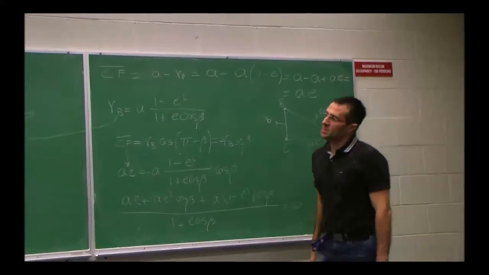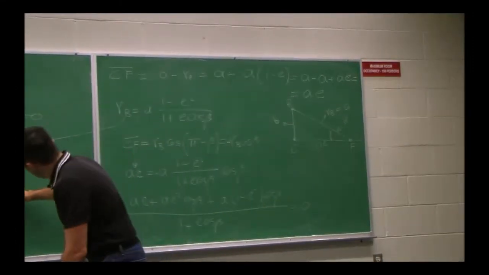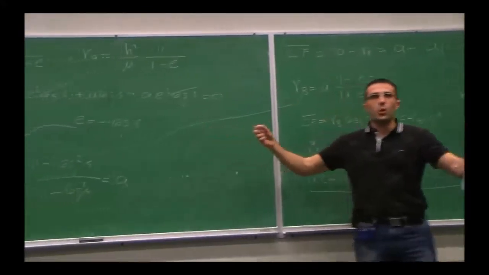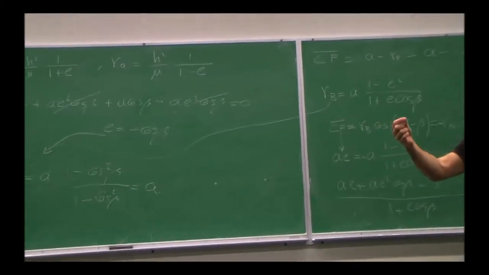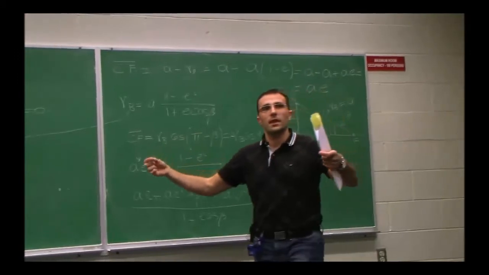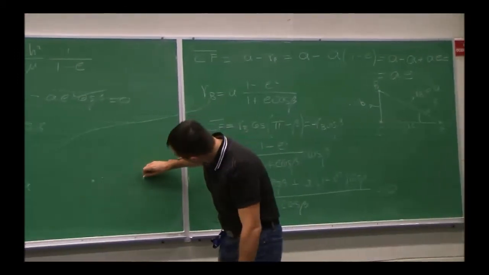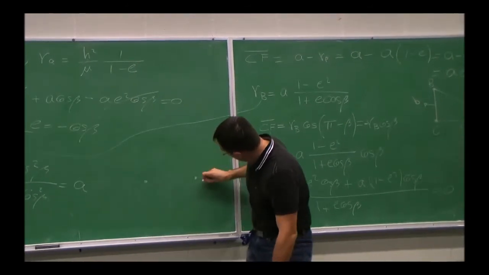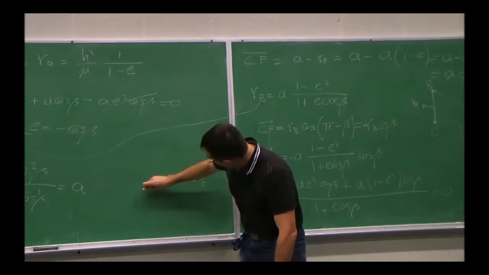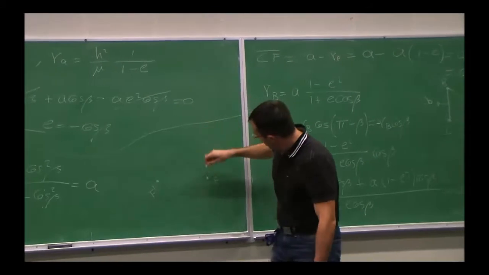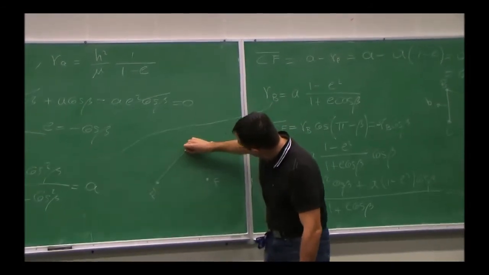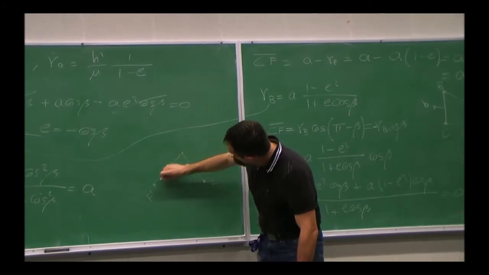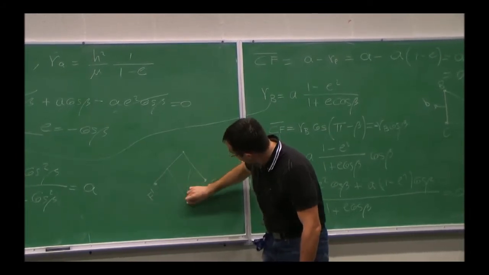Remember how to draw an ellipse? If you're given 2 points and a piece of wire, a string of length that you call 2a, and a pen, you attach one end of the string to one point, which you call focus F, and the other to F prime. You take the string, put your pen here, and this total length remains the same.